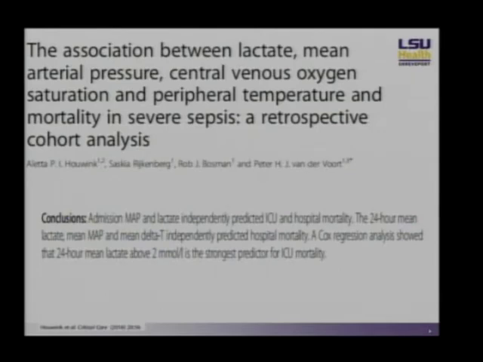Now, some people are MAP people. Some people are not MAP people. Do you believe that everybody's MAP should be 65 millimeters or greater? Personal choice. Don't care if you believe it. Don't care if you don't believe it. Whatever it is that you believe, kind of like crystalloid colloid, you go from there. But in this particular study by Huink and their group, they actually combined it.